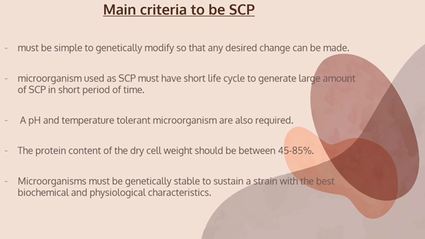The protein content of the dry cell weight should be between 45 to 85%. Microorganisms must be genetically stable to sustain a strain with the best biochemical and physiological characteristics.